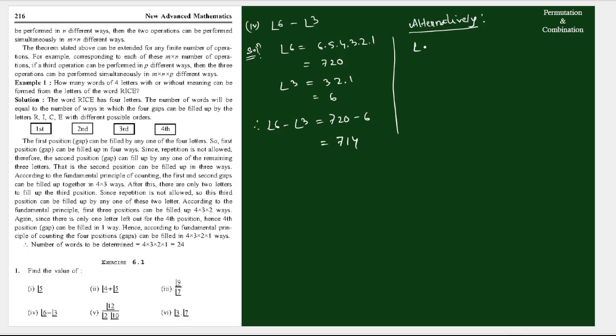Factorial 6 minus factorial 3 is 6 into 5 into 4 into factorial 3, minus factorial 3. 6 5 is 30, 30 into 4 is 120. 120 minus 1, then you have factorial 3. This is 119 into factorial 3, which is 3 into 2 into 1. So 119 into 6 will be 714 itself.